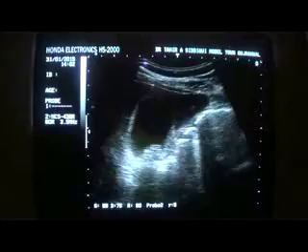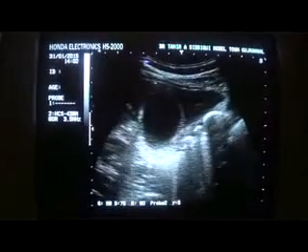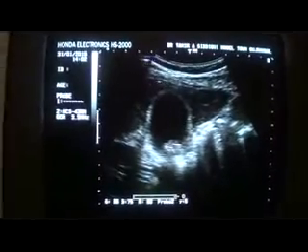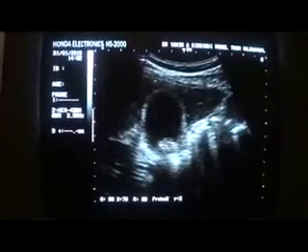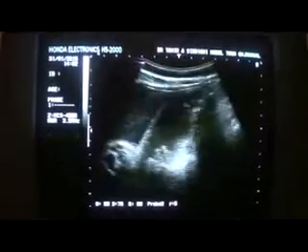Okay, now give a 90 degree sweep to the probe to get the transverse section of the gallbladder. This is the 90 degree sweep. This is the transverse of the gallbladder, and these are a few gathered together calculi at the dependent region.